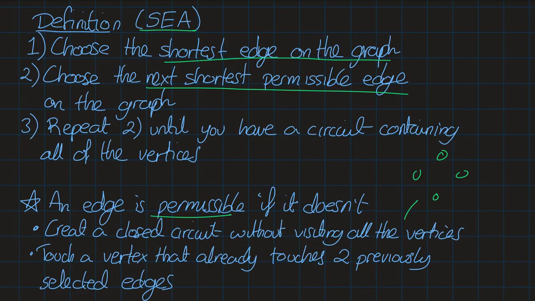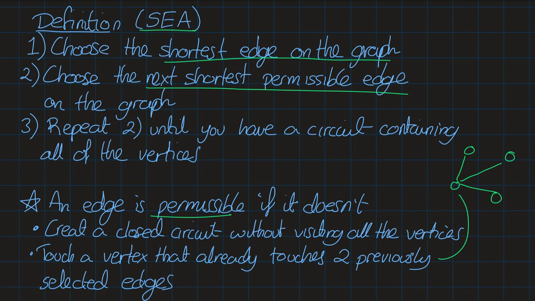And or the edge does not touch a vertex which already touches two previously selected edges. So by that I mean, if I draw a picture like this, if you've already selected these two edges, you're not allowed to select that edge, because then this vertex simply has too many edges coming out of it. You can't have a circuit with three edges coming out of a vertex.